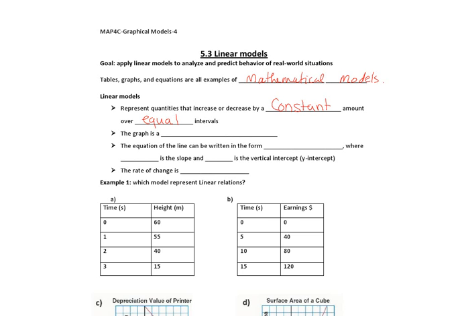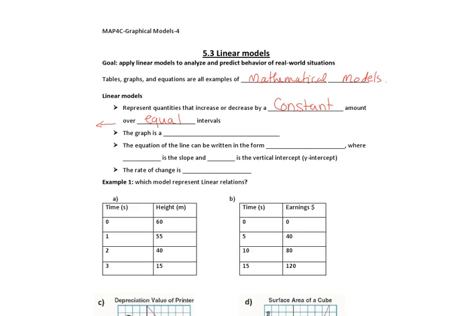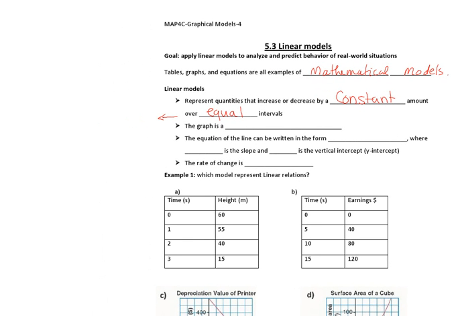I missed a point that I should write right here. So if you want to add this point: in a table of values, the first difference is constant, equal.